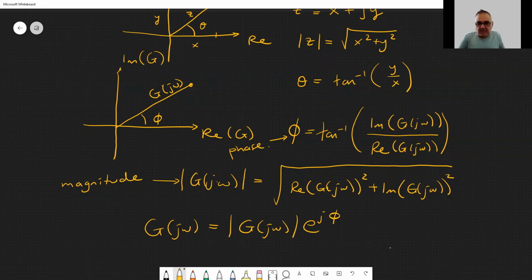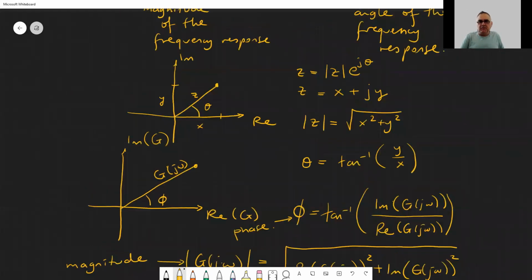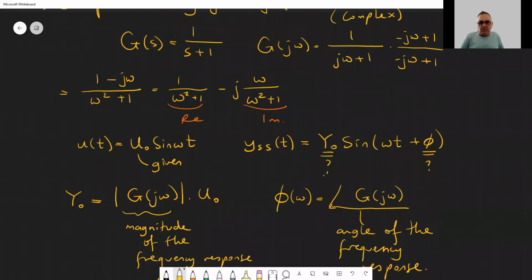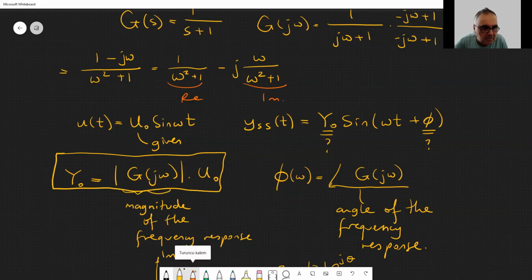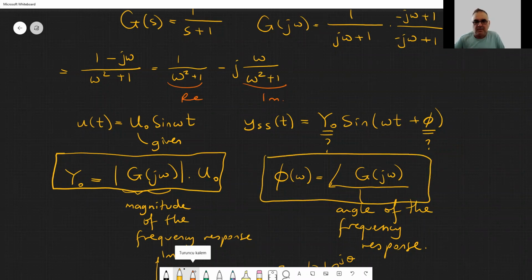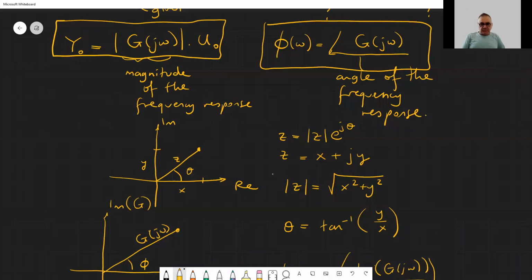Anyway, the important point being the following, though. I have to put these in boxes. The output magnitude is the transfer function magnitude times the magnitude of the input, and the output phase is the angle of the frequency response, okay?